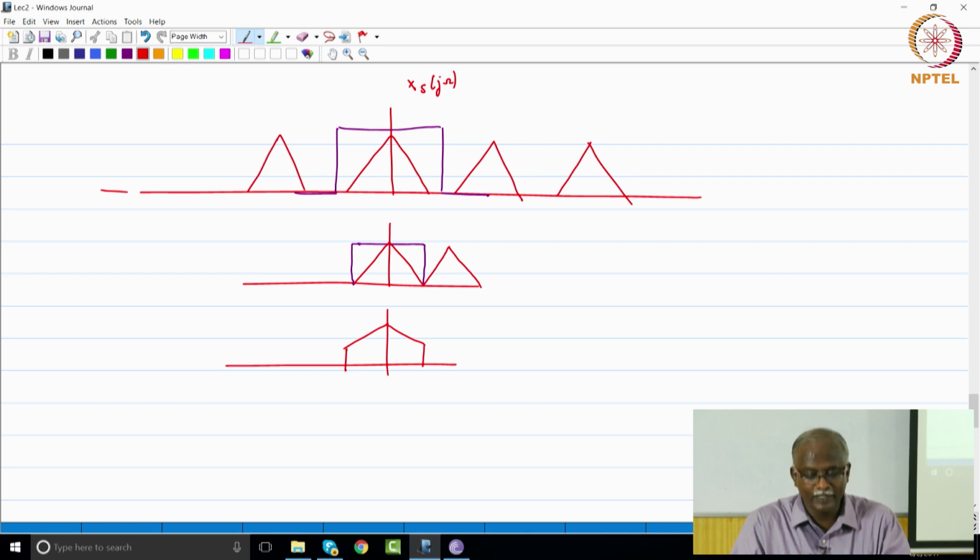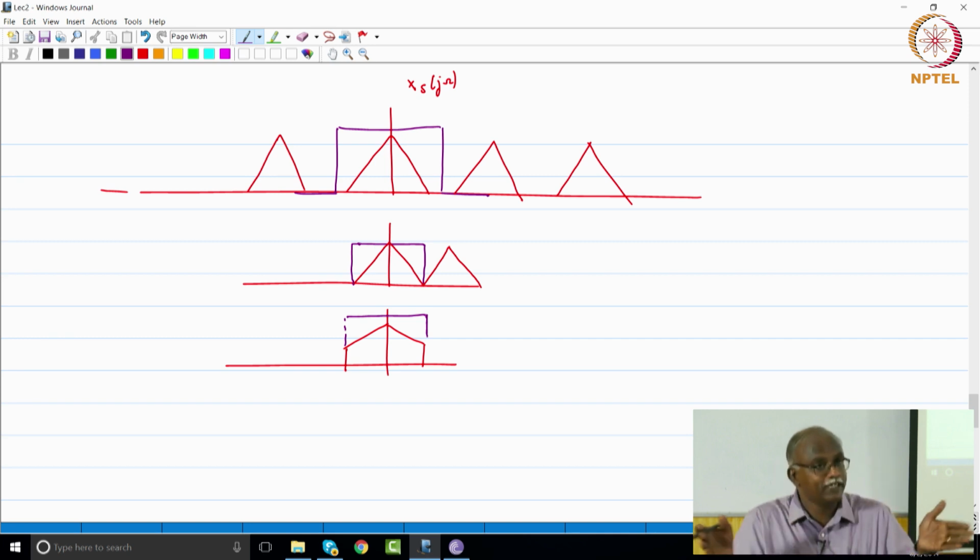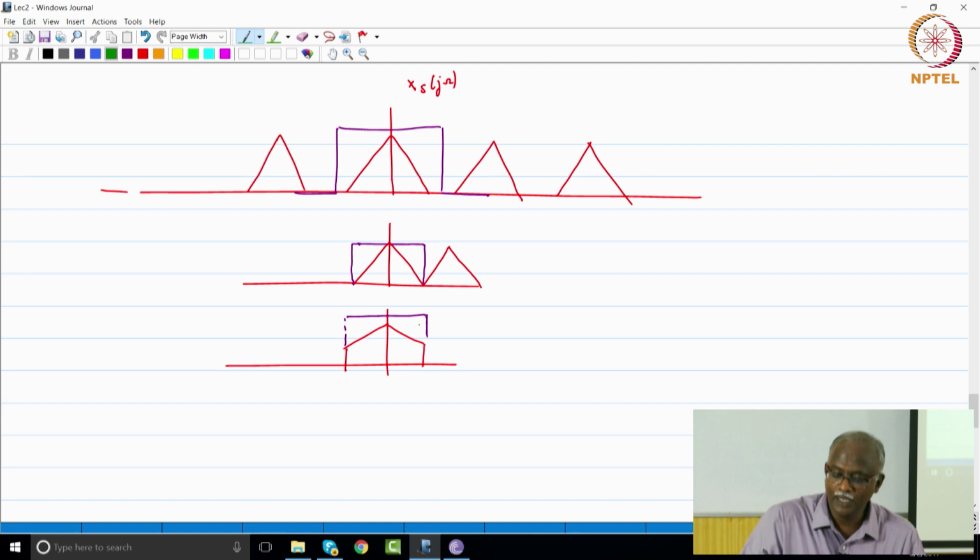Now, when this is the scenario and your filter is also drawn in this fashion, what is the frequency response of the filter at the band edge? It's supposed to be 0, because it's a cutoff filter, right? It has to cut off. So, basically you create some issues about the reconstruction at the band edge.